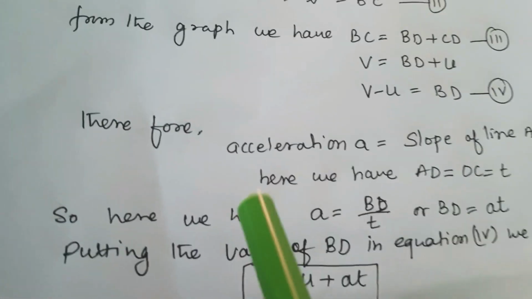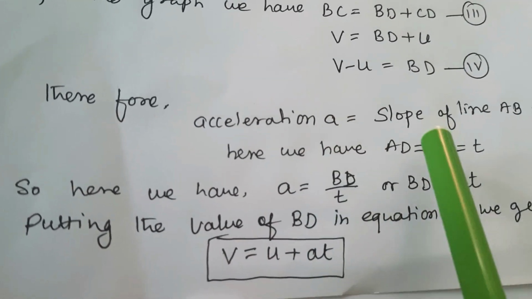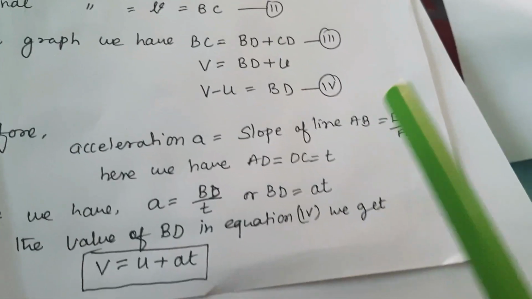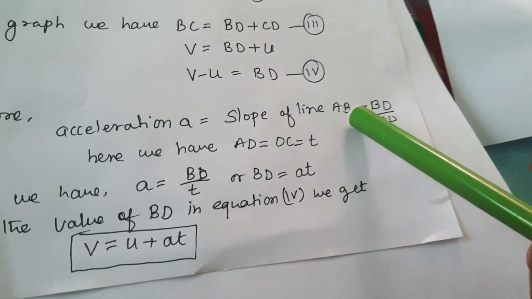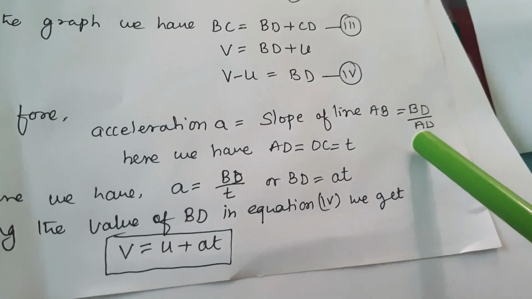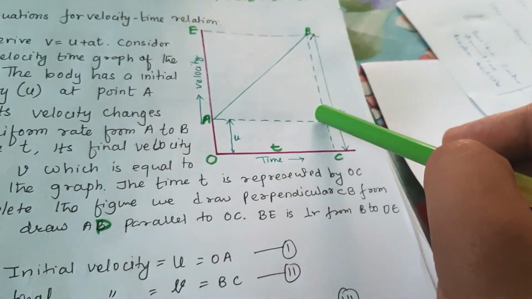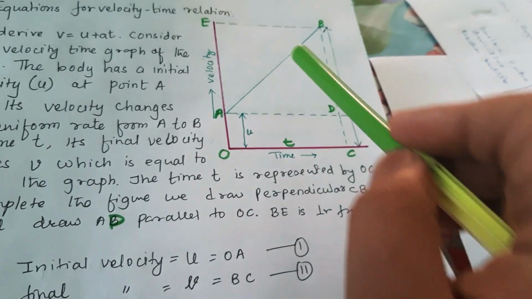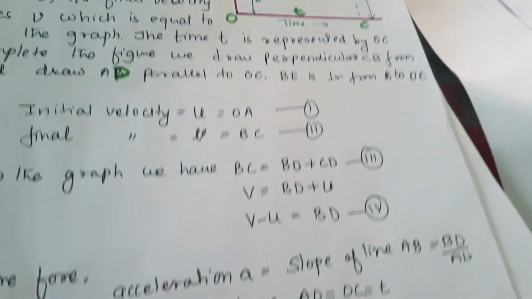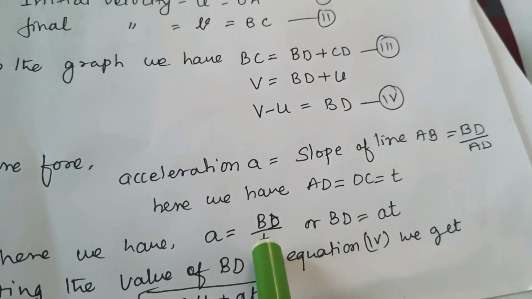Therefore, acceleration a is equal to the slope of the line AB, and the slope will be BD by AD. So here we have a equals BD by AD.